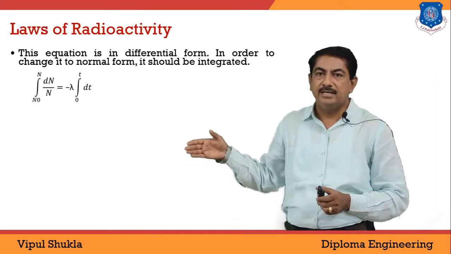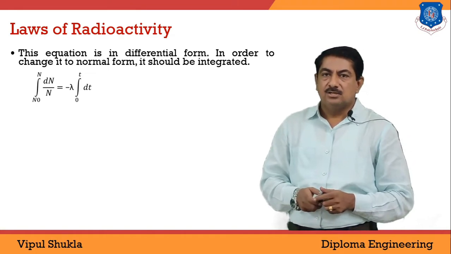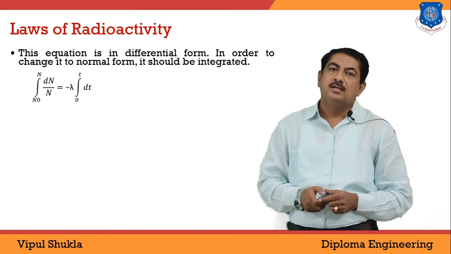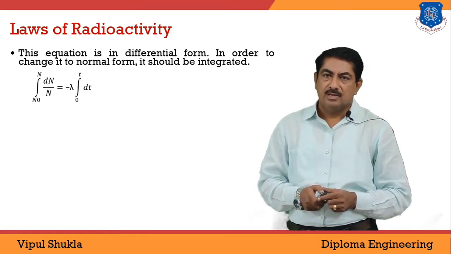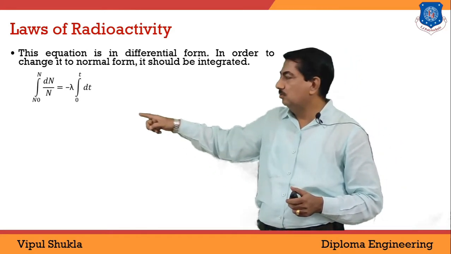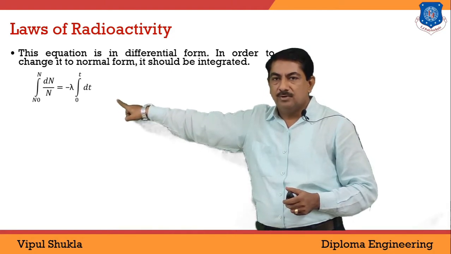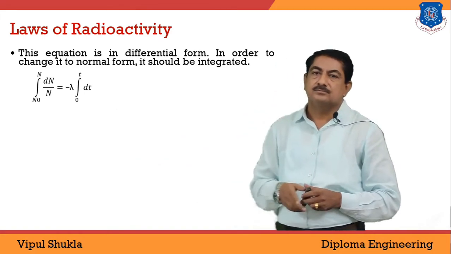It is known as the decay constant. Now, integrating 1 upon N gives log N, and integrating 1 with respect to t gives t.